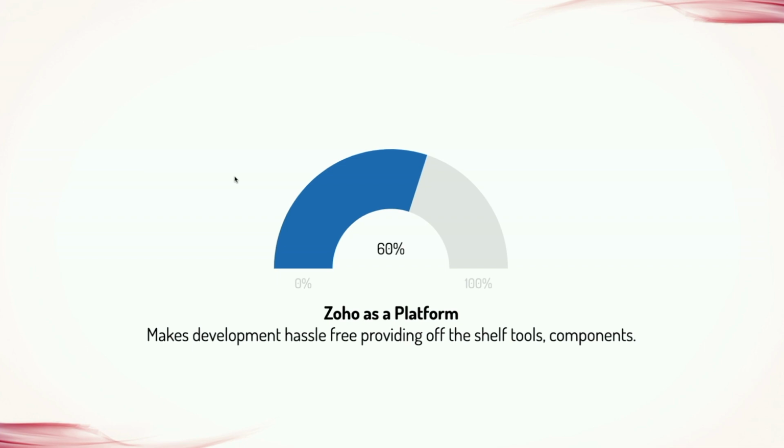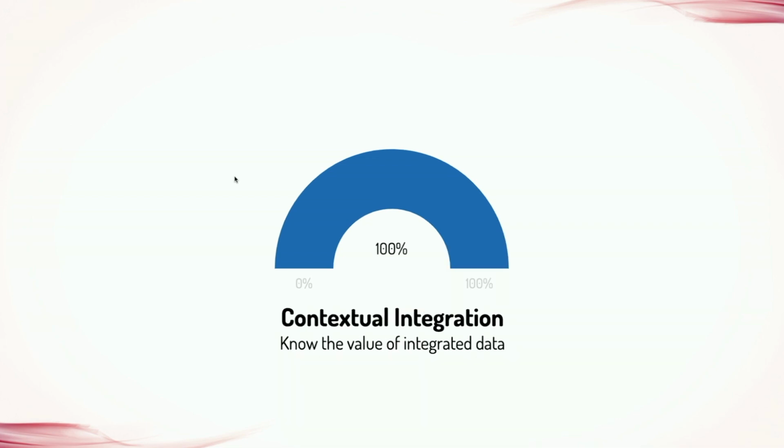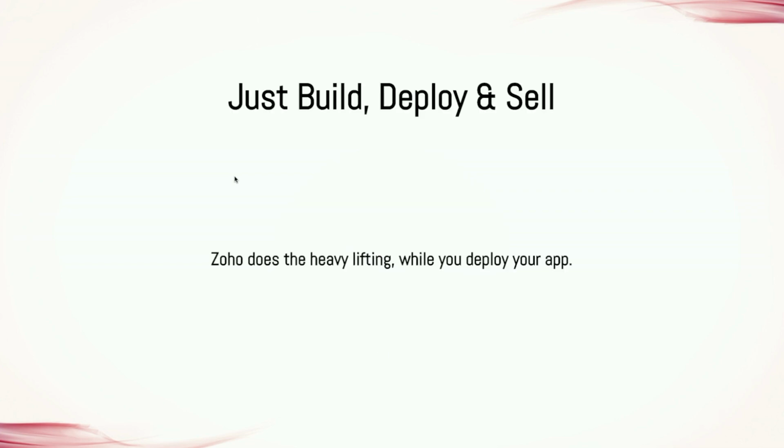So all you need to do is to create a unique layer of the customization, the configurations, and the functionality that can accommodate a real world problem. And on top of that, you can make some contextual integrations which can bring more prosperity and value to your solution, and it'll assure that your solution stays on top of the industry always.